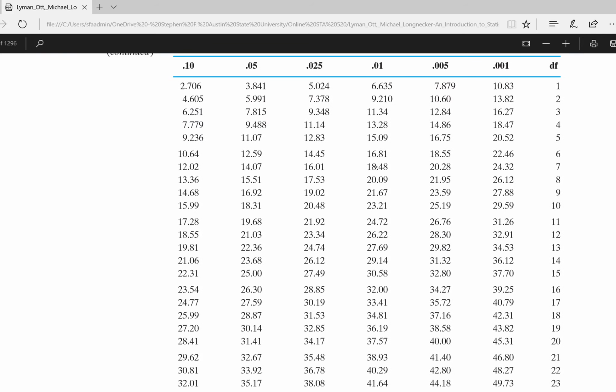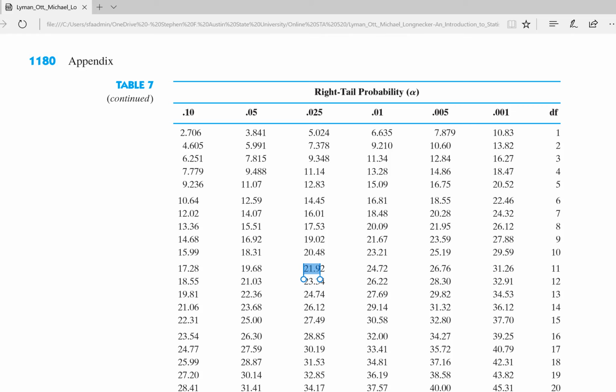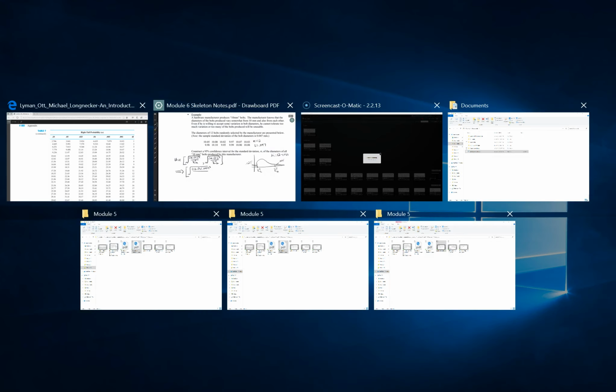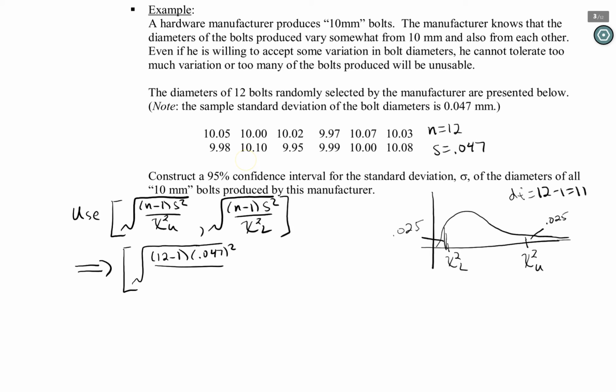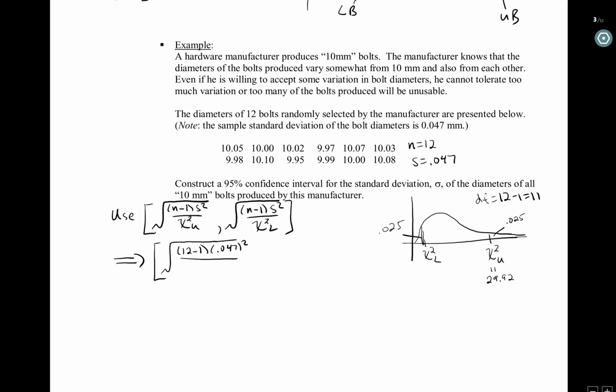So I'm going to be in this column, 0.025, and the degrees of freedom again is 11. So my chi squared U is 29.92. Okay, 29.92. So let's go back to our notes here. This is 29.92.